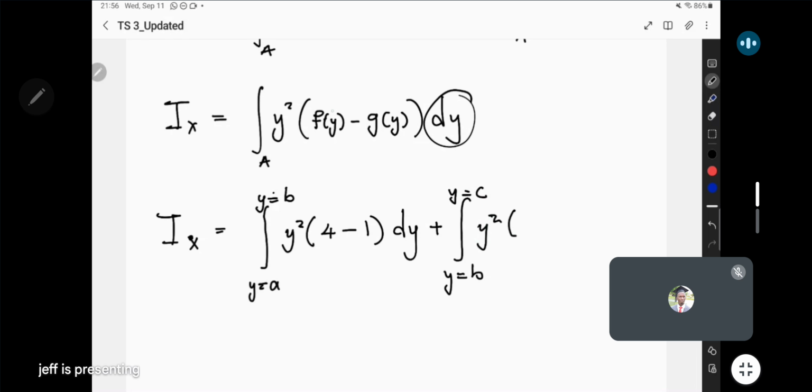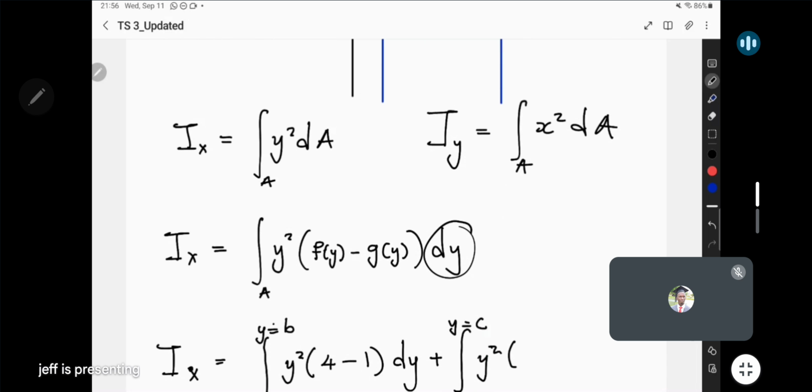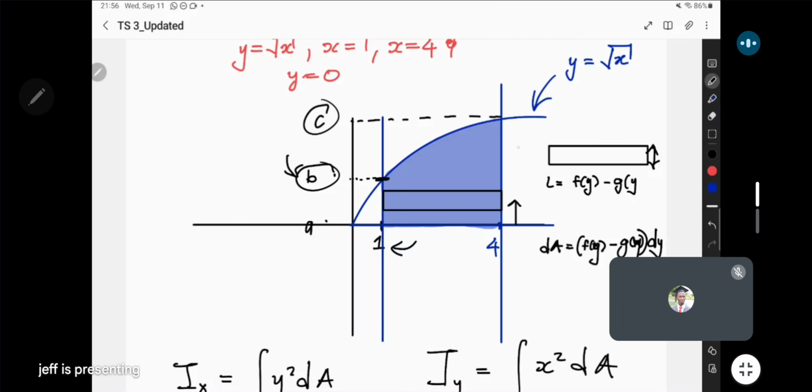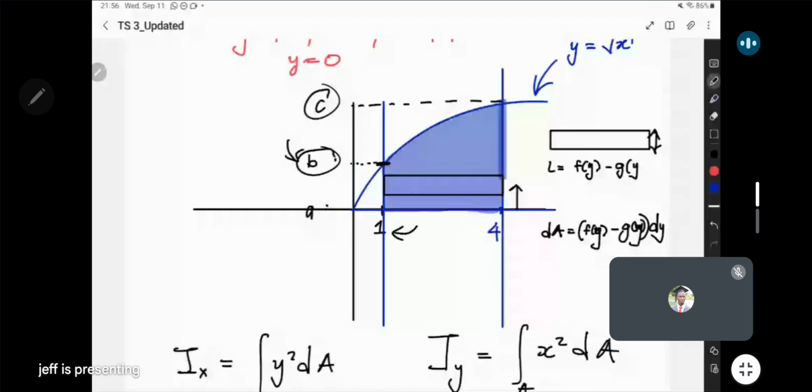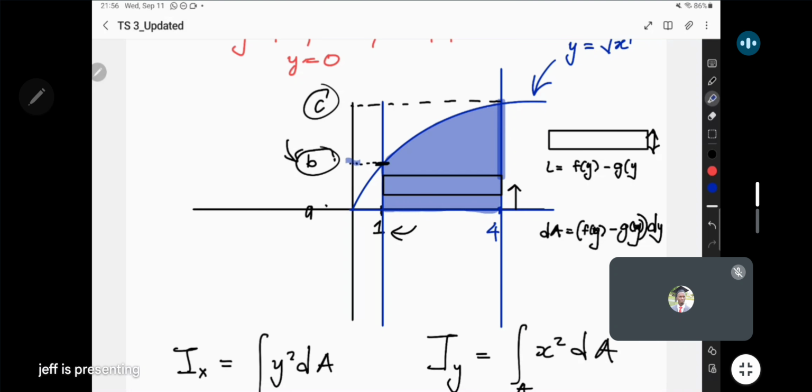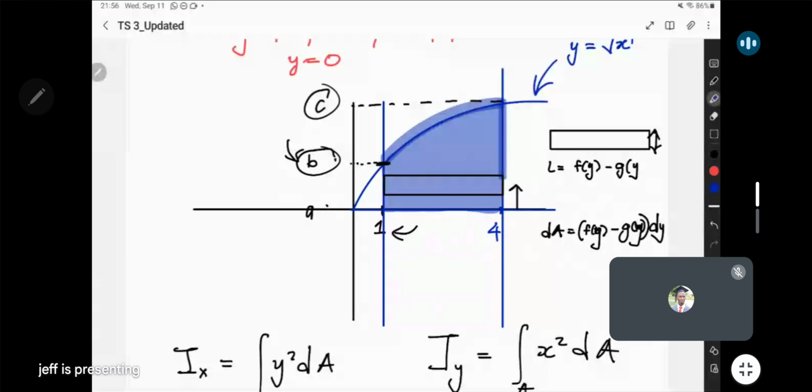But for this case, what will be our f of y? f of y is the rightmost boundary, and notice that the rightmost still remains x is equal to 4. So we'll still have 4 here, minus the leftmost boundary. Once we exceed b, the leftmost boundary will now be governed by this curve. And remember, I'm presenting these as values of x, since I want them to be functions of y.